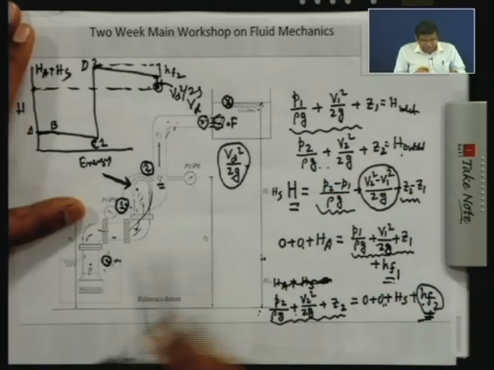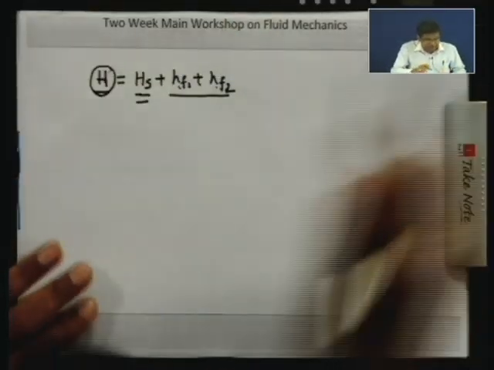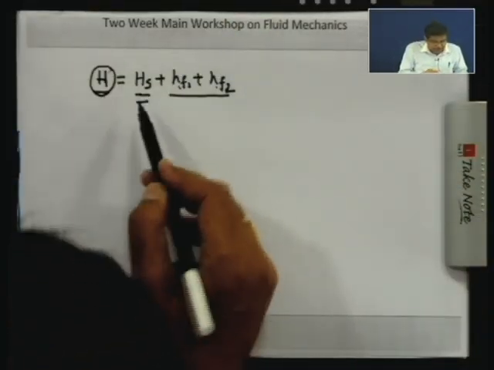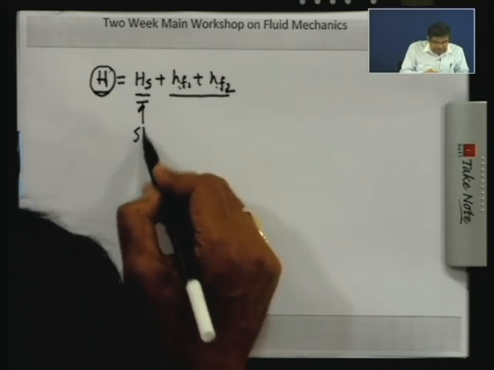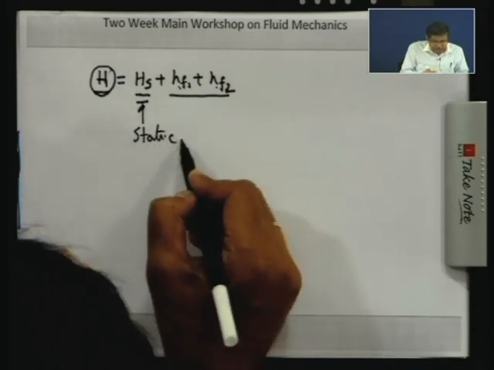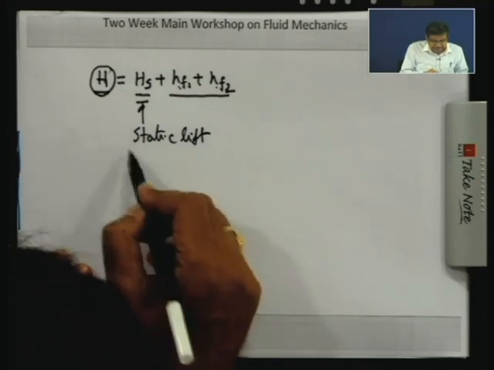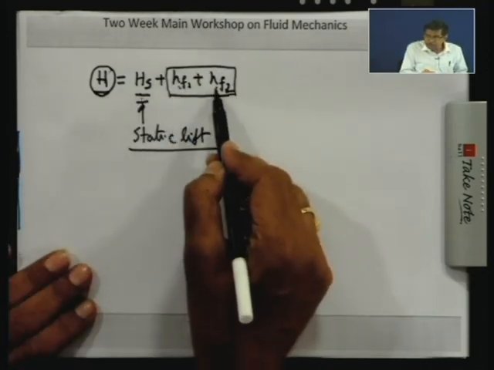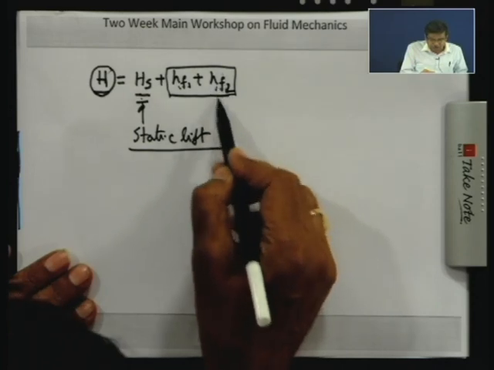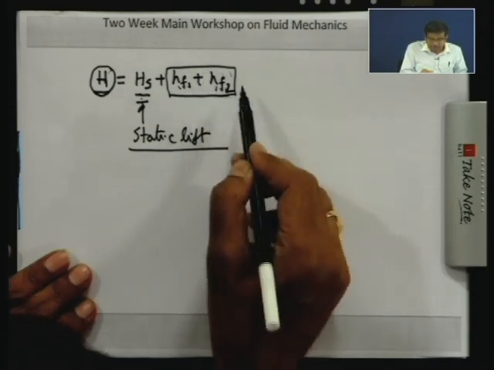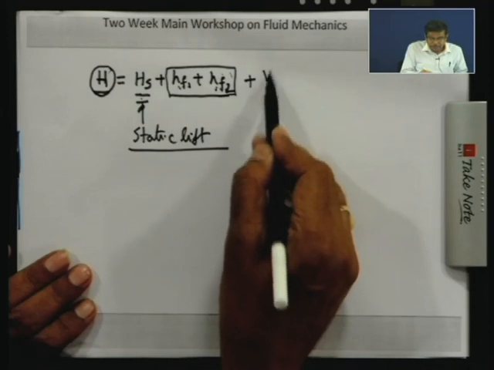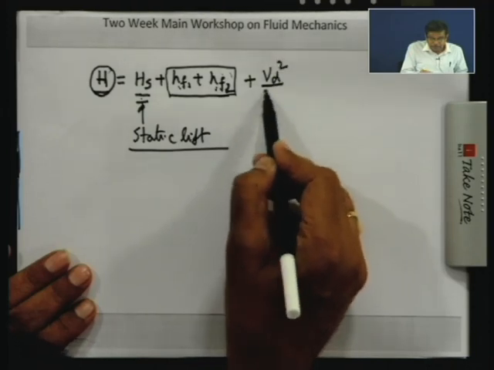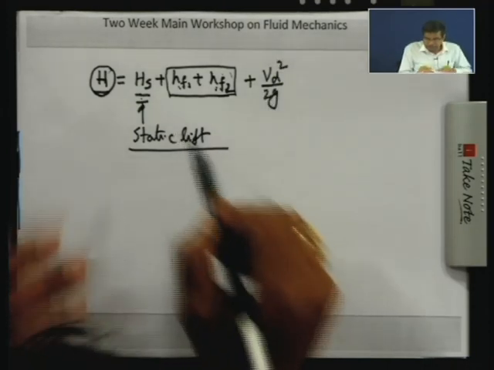So this is the diagram, and you get an understanding of how the heads are represented. This is known as static lift in case of a centrifugal pump. Static lift plus all the losses, inclusive of velocity head. If you say it is only the frictional losses in the delivery pipe, then you have to add the velocity head, and in that case you are applying Bernoulli's equation.